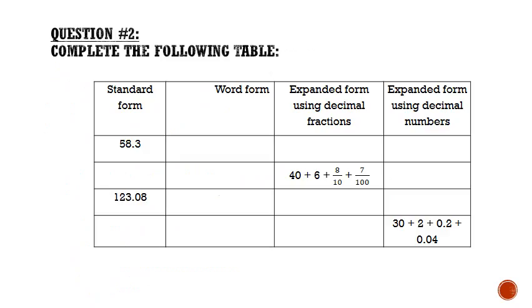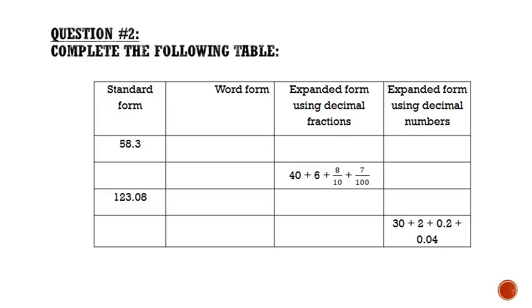Now the second exercise. I have all the forms: the standard form, the word form, the expanded form using decimal fractions, and the expanded form using decimal numbers. So starting with the first one, what's the word form of this number?